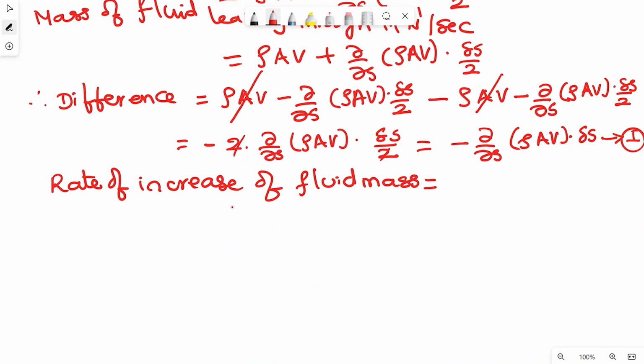So first, I have to calculate the volume of the fluid in the stream tube. Volume is equal to area into length, which is delta S. Then mass is equal to rho into A into delta S.